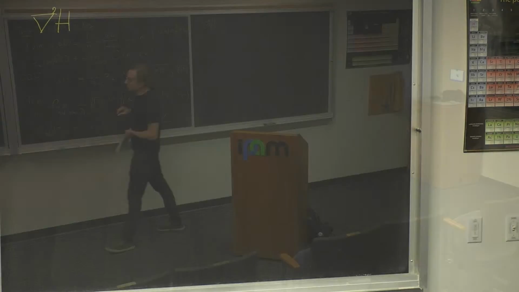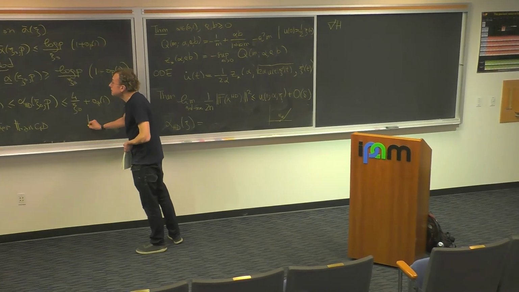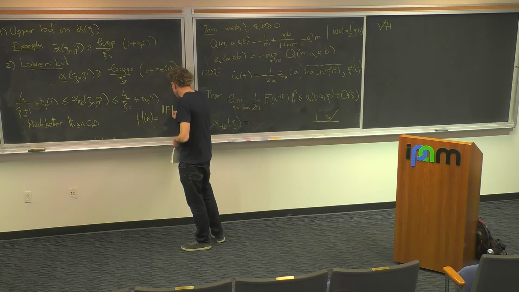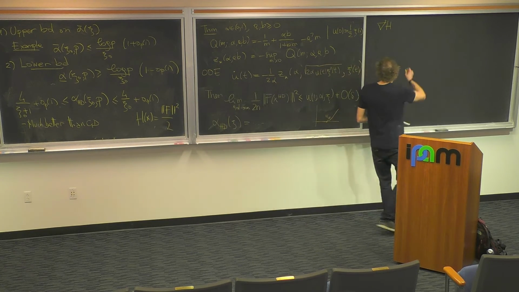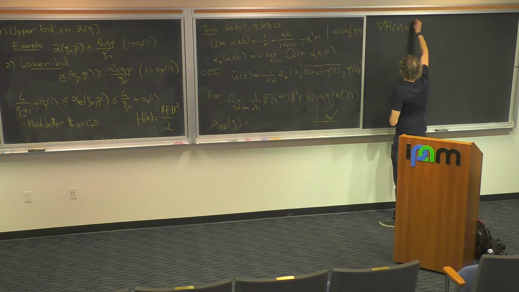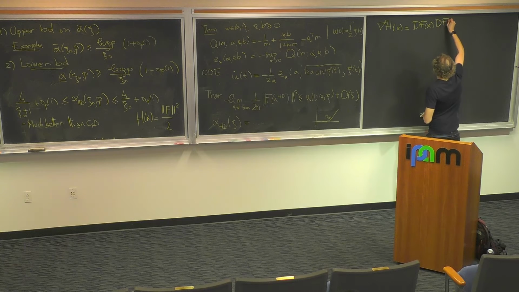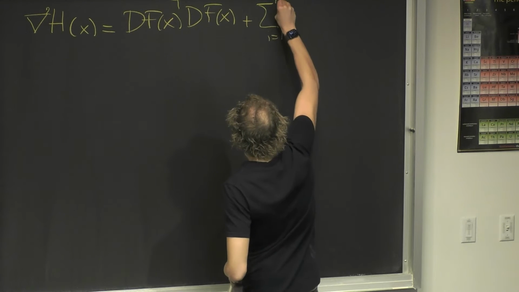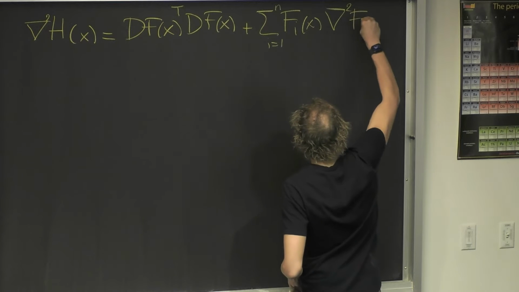Remember that the energy is the norm square of f divided by 2. So if you take the gradient, you get df of x, df of x transpose, plus the sum over i from 1 to n of phi_i of x times the Hessian of phi_i of x.